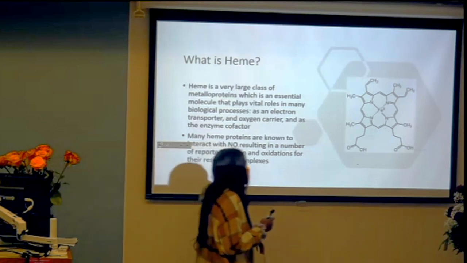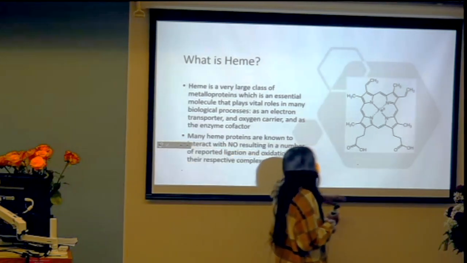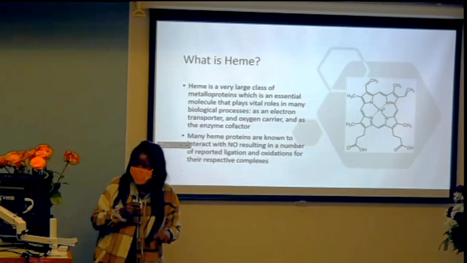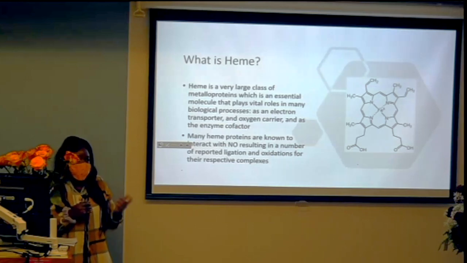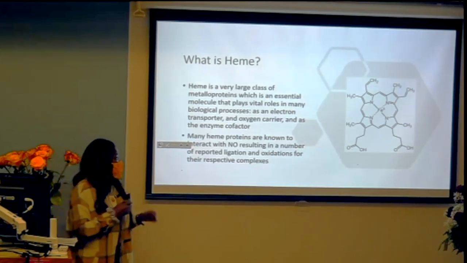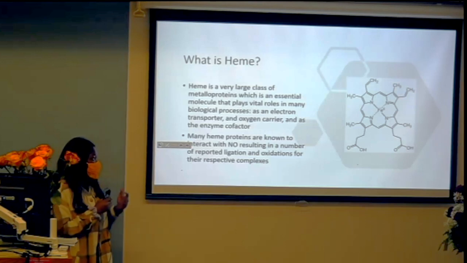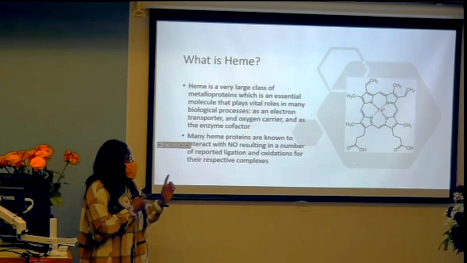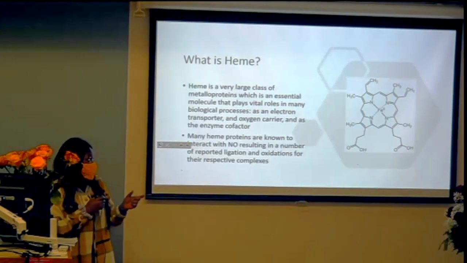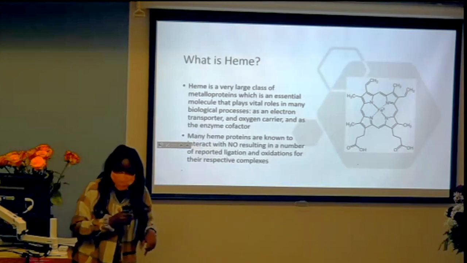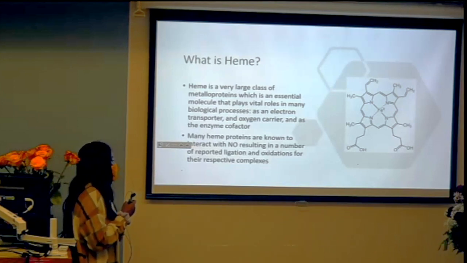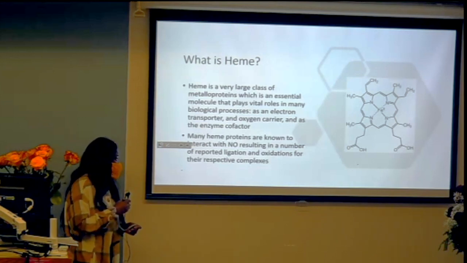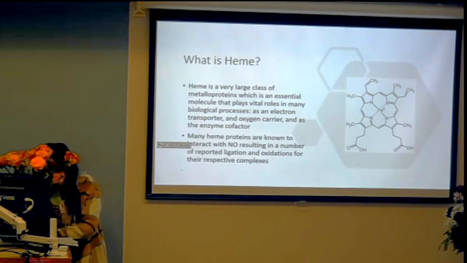A porphyrin ring consists of four pyrrole rings that are linked to each other with a methine group, and usually the iron atom, iron 2 or iron 3, is at the center of the porphyrin ring by the interactions of the nitrogen. Many heme proteins are known to interact with nitric oxide, resulting in a number of reported ligations and oxidations for their respective complexes.